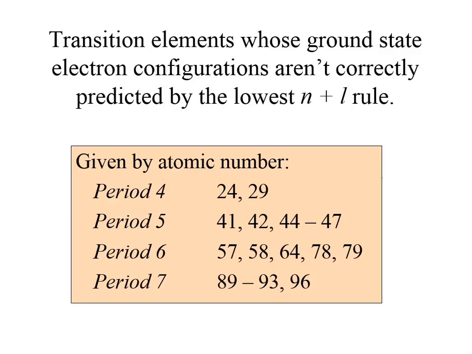Earlier, when we were talking about the periodic table, since we're focusing on elements for Unit 2, you do need to know the names and the symbols for some elements, and I gave those by atomic number. These are where the exceptions to the lowest n plus L rule occur, starting with atomic number 24, chromium. On a test, I'm not going to ask you these. Or if I do, just use your arrow diagram and be oblivious to the whole thing.